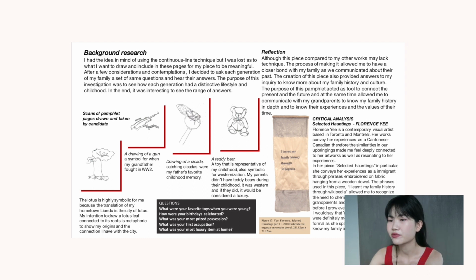Here I have my reflection where I talked about how it was really fun to talk to different generations of my family, and this also allowed me to connect more with my family, know more about my heritage and my family history. For critical investigation, I featured an artist which also had a similar upbringing as me, and how the meaning in her works inspired my work.